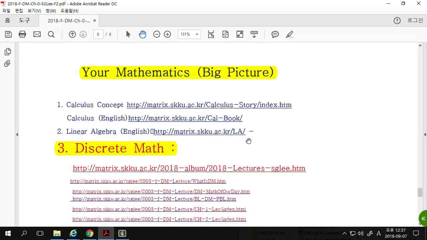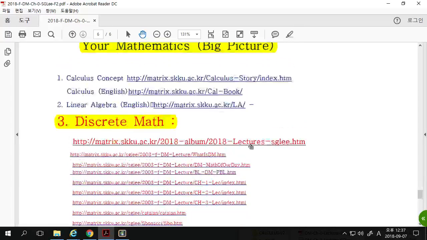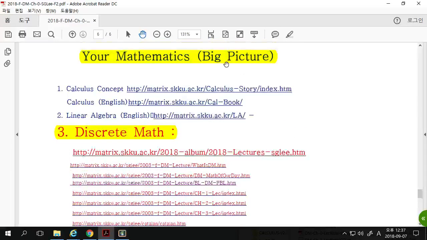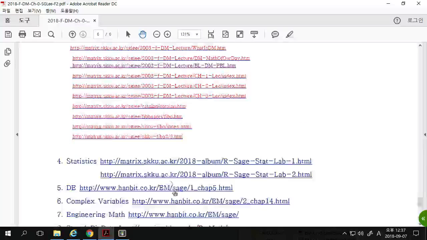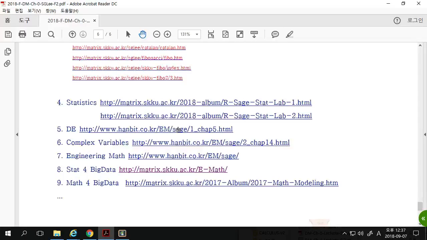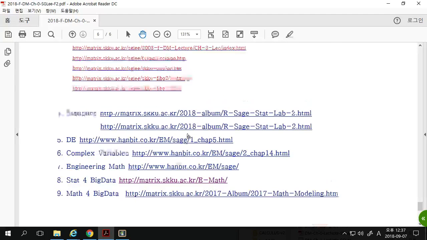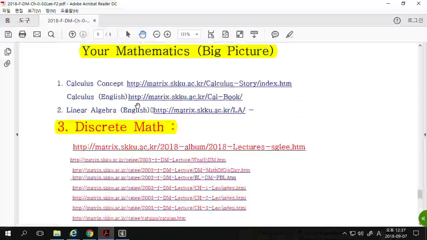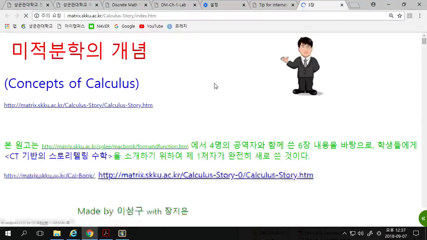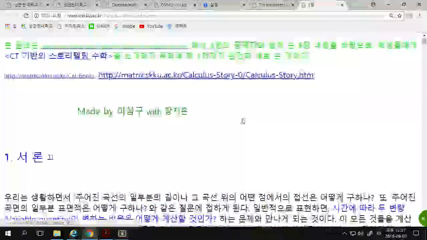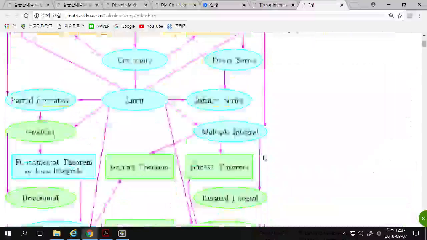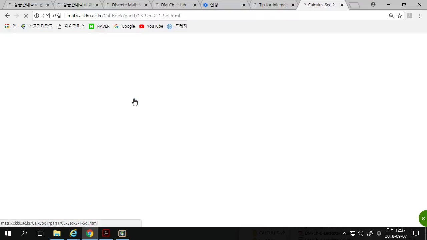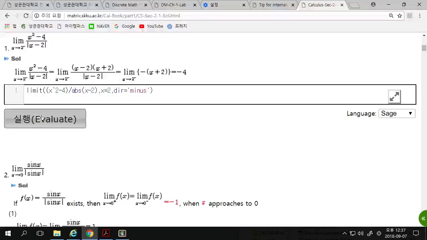I think this is the last page. This is a big picture of your mathematics. This must be your background, and this will be the other mathematics courses which you will study. You must have studied calculus, and this is the concept of calculus, and here you must have learned the limit.